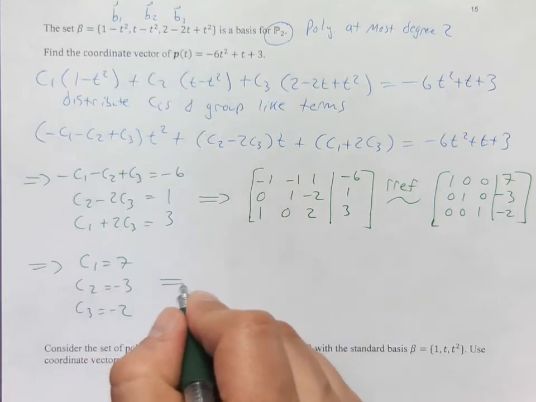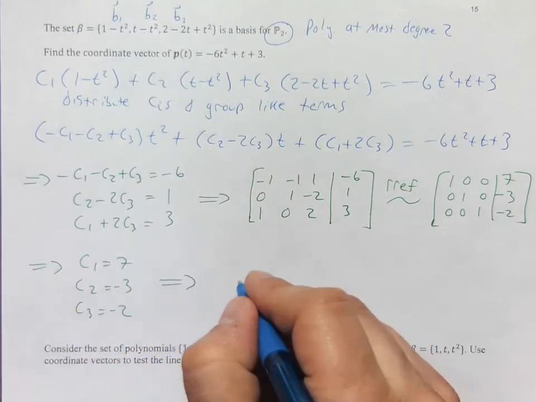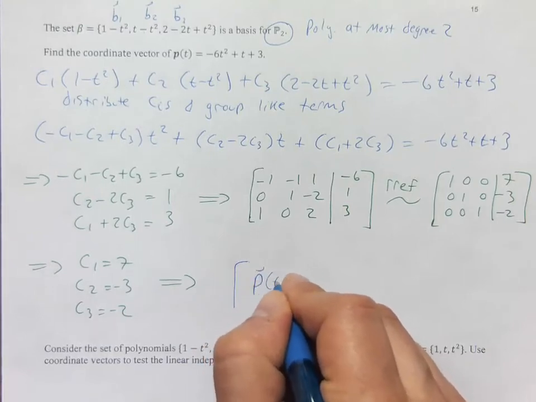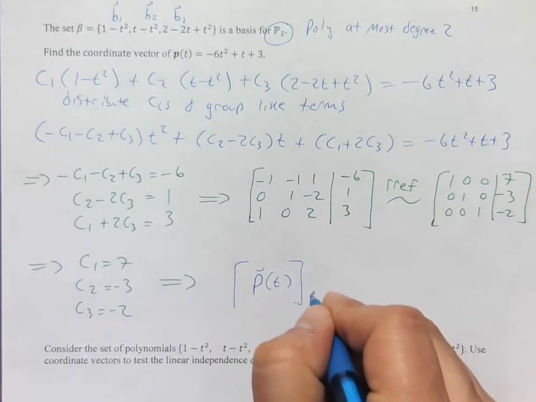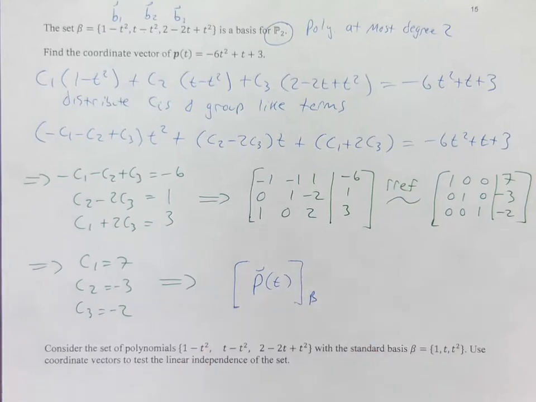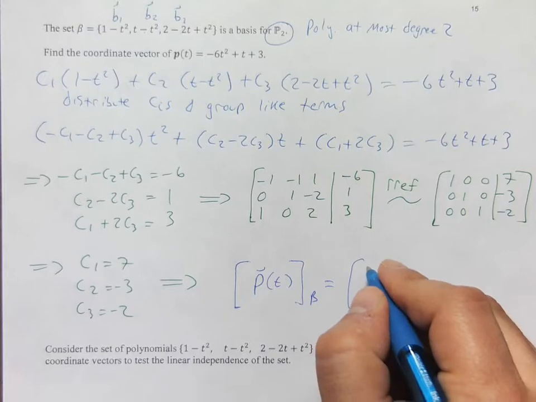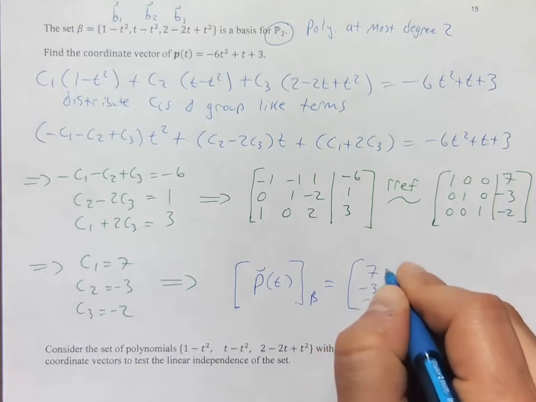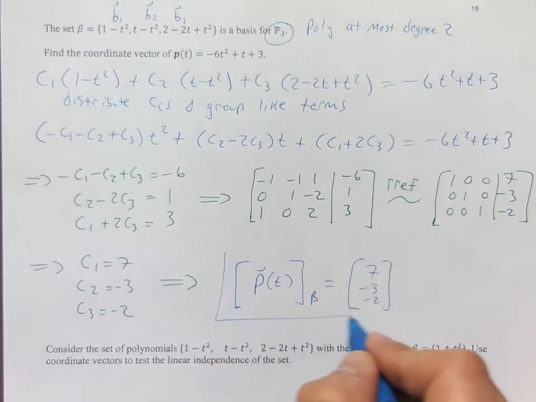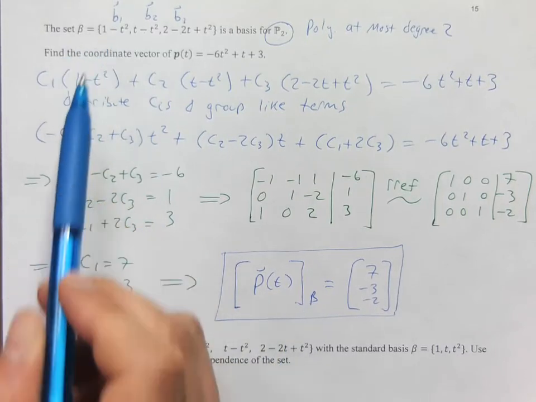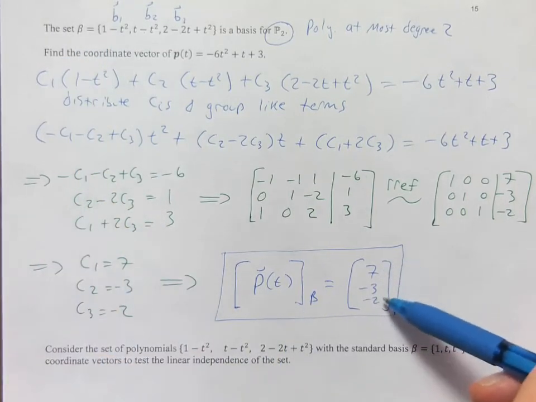The final answer, the way we write that, is the polynomial we were trying to recreate with respect to that specific basis beta equals the solution we found, 7, minus 3, minus 2. It tells us how to recreate the p we were given using the basis we were given. Those are the coefficients you would use.